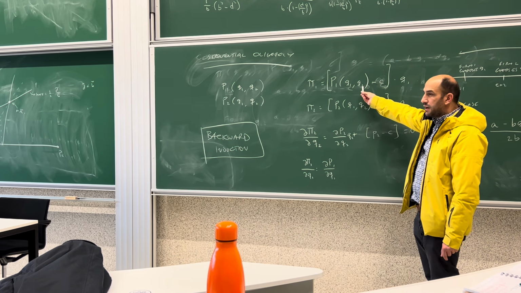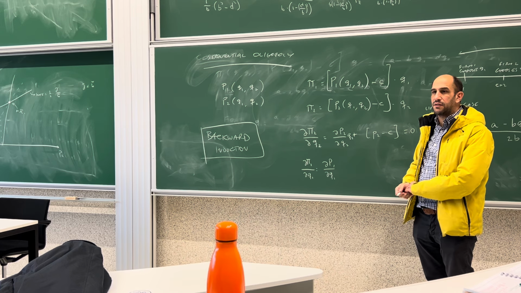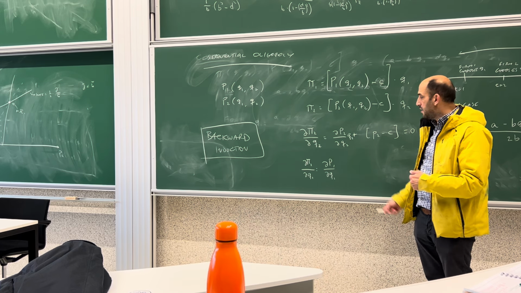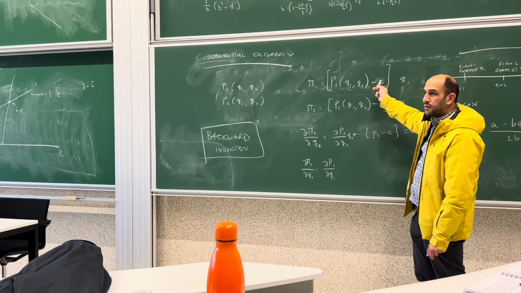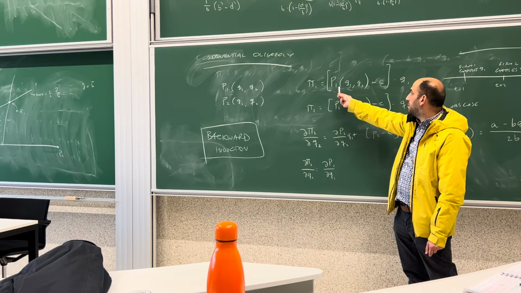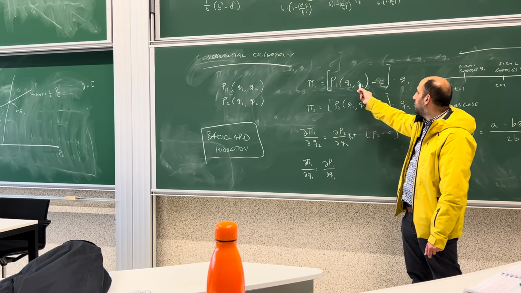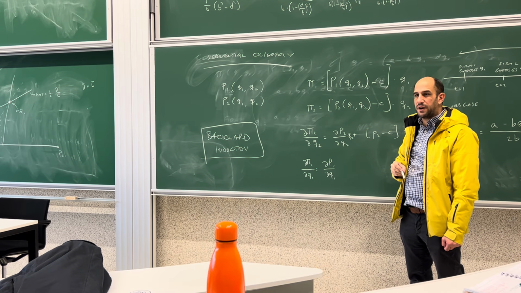We have to take into account here that Q2 is not fixed, right? It's going to depend on Q1. So when I take the derivative of this with respect to Q1, it's going to be the derivative of P1 with respect to Q1 plus the derivative of P1 with respect to Q2 times the derivative of Q2 with respect to Q1.